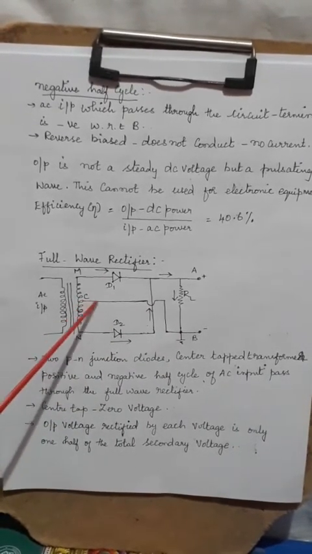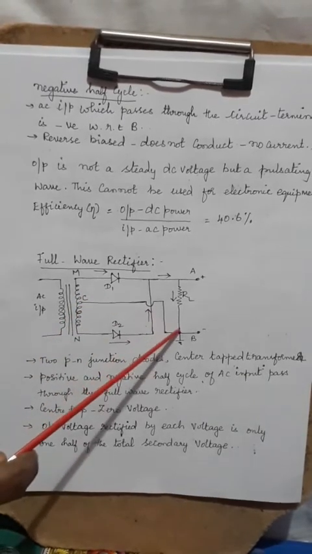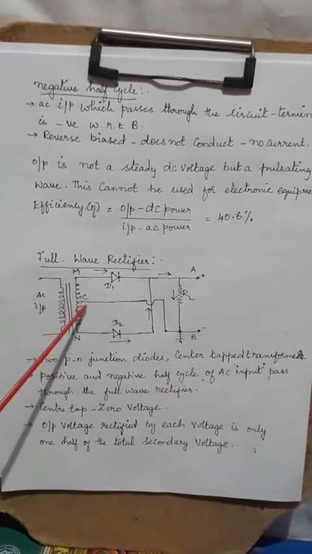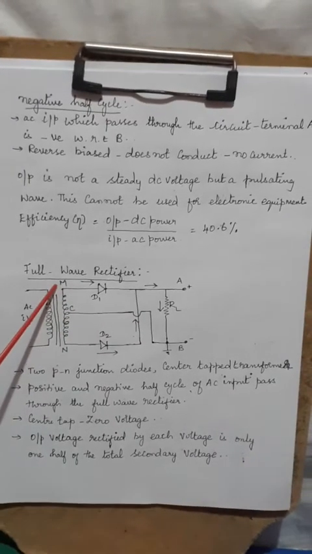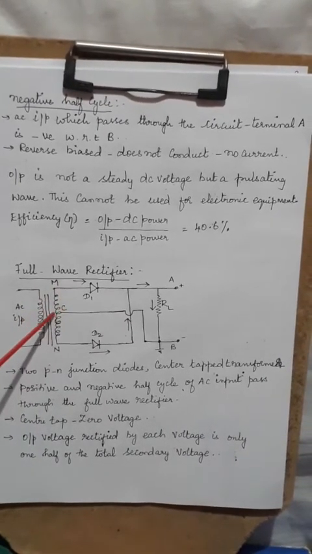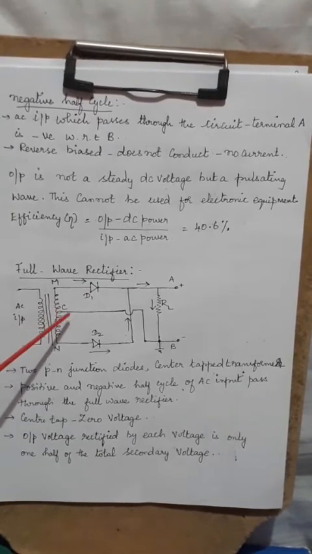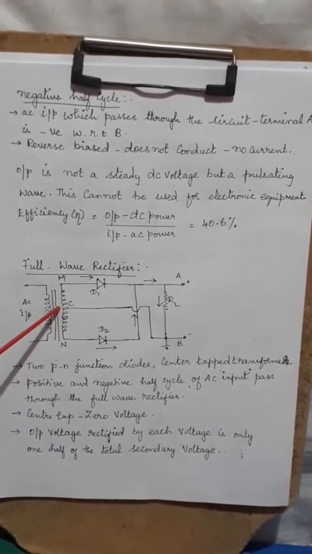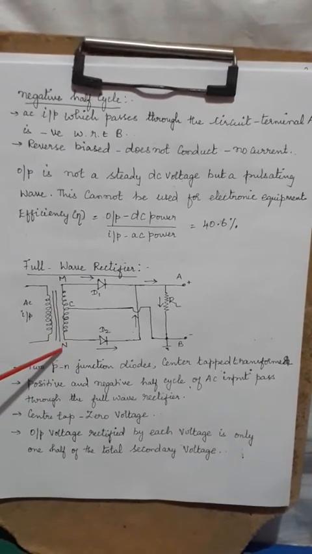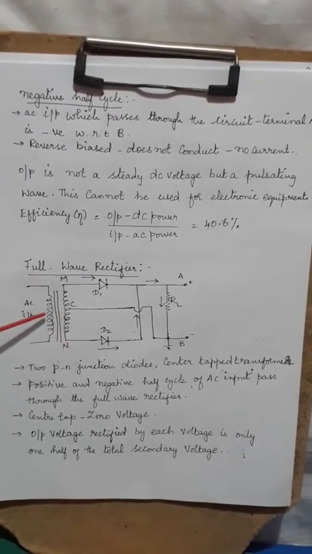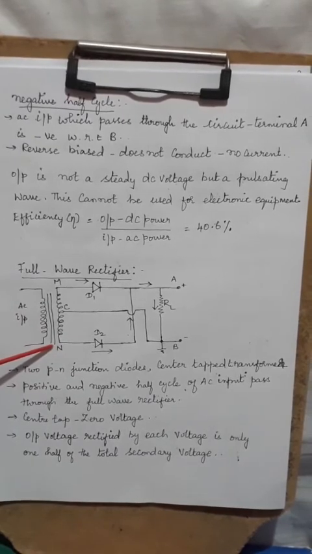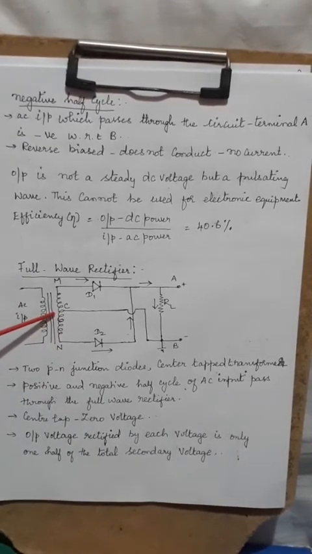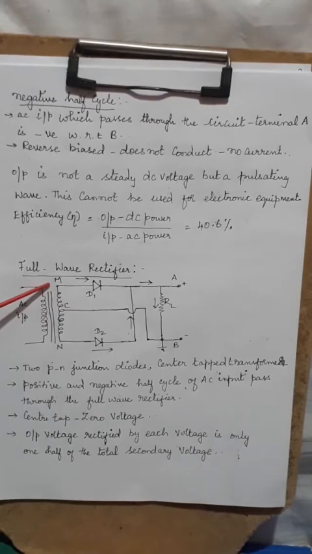The meaning of central tapping is that it is given to a grounding, isn't it? So this is taken as zero. Whenever M is positive, the C point will be 0 and N will become negative. Then when it is reversed, N becomes positive, C becomes 0 and M becomes negative.